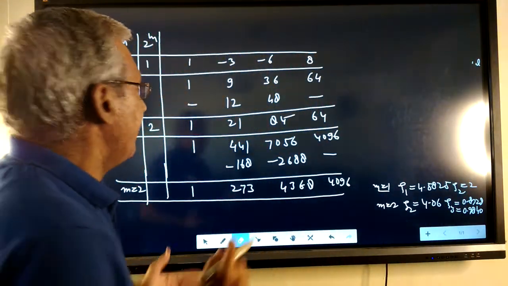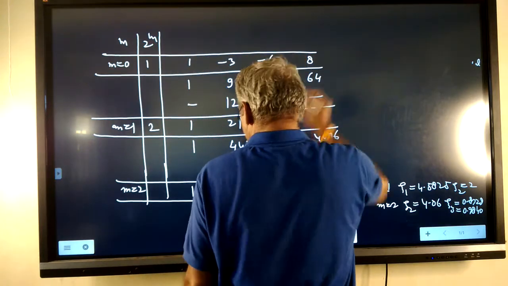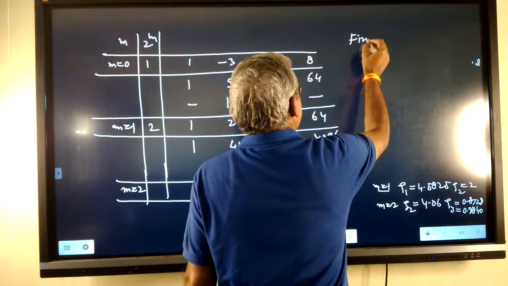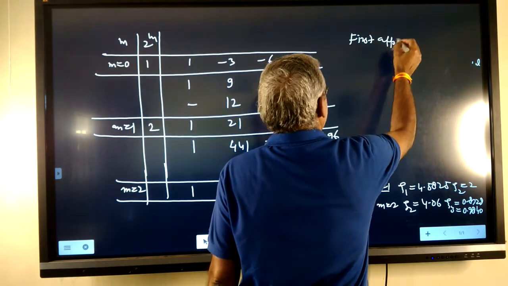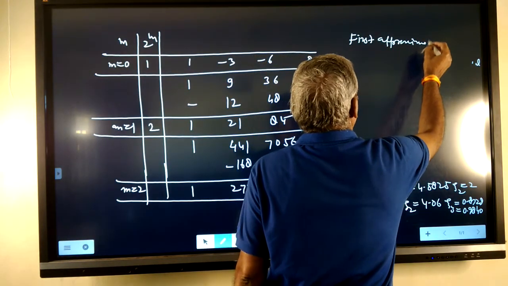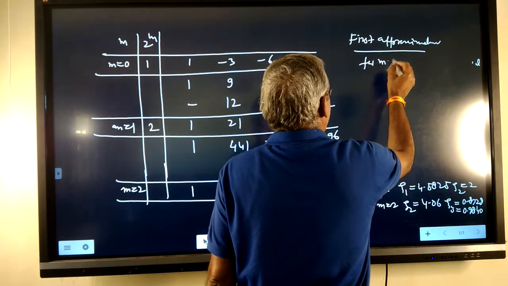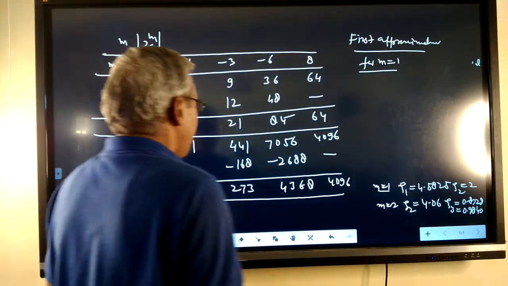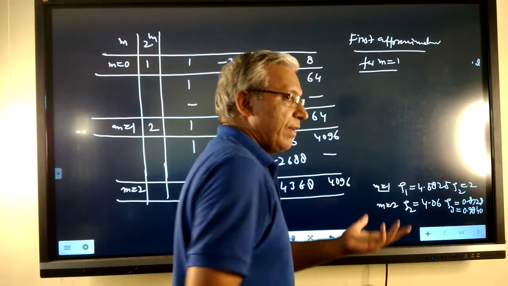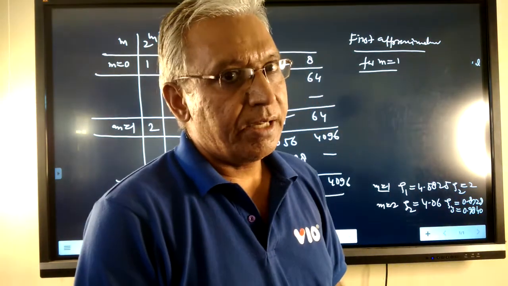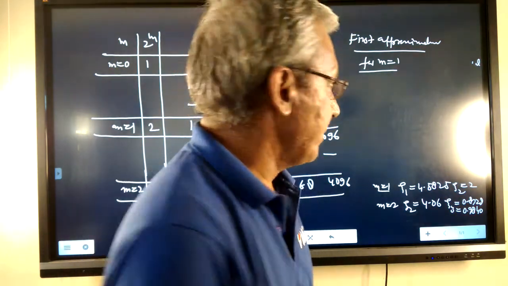First approximation, for m equal to 1. Here xi1, xi2 and xi3 are the roots of the given equation.